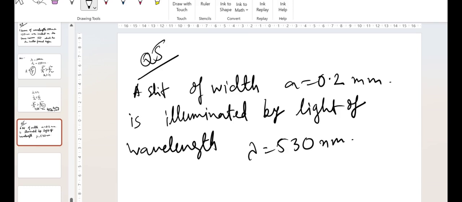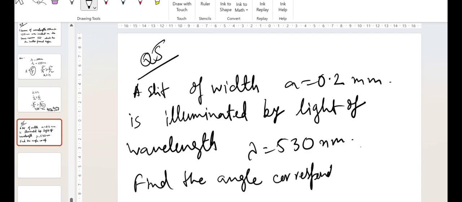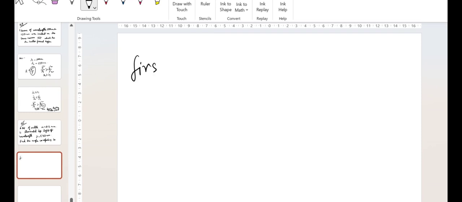Find the angle corresponding to the first minimum.